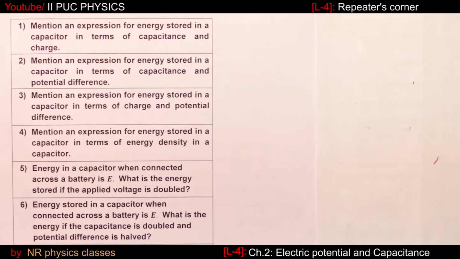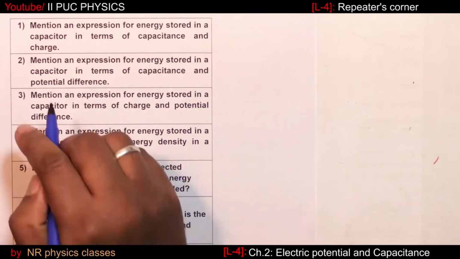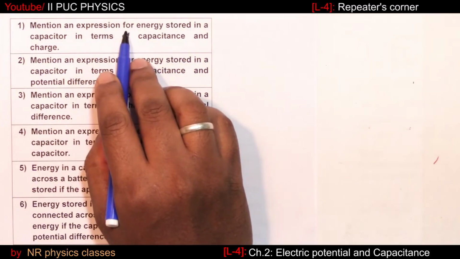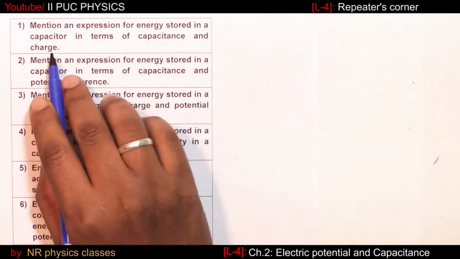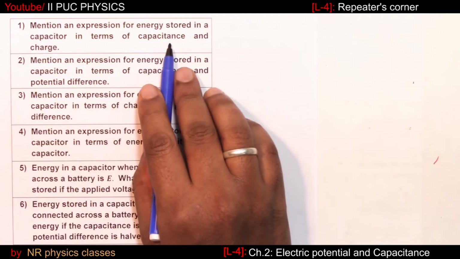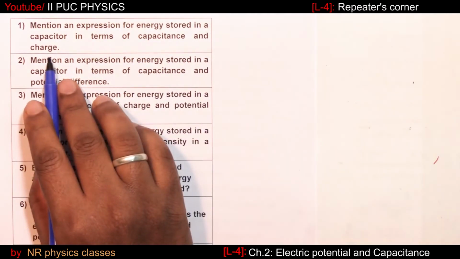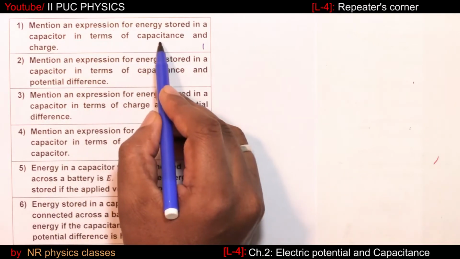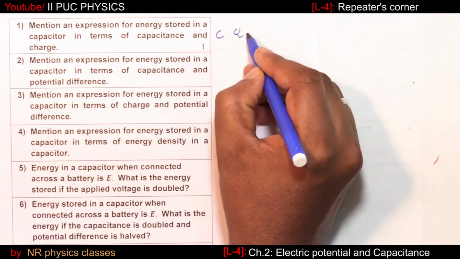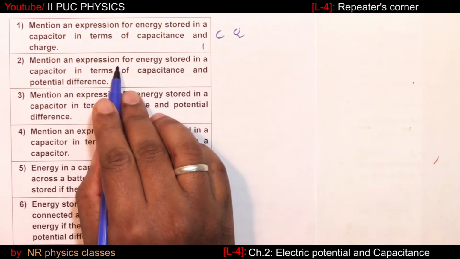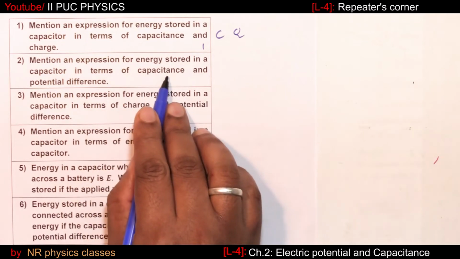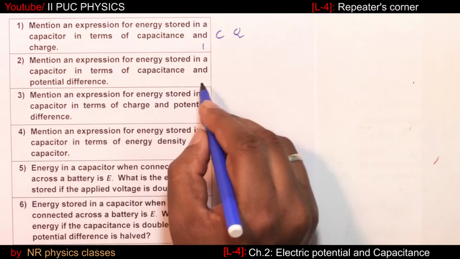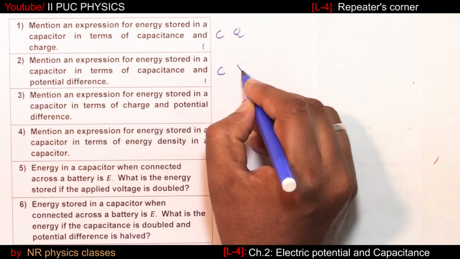Now, probable questions. Mention an expression for energy stored in a capacitor in terms of capacitance and charge. This is for 1 mark, just the expression in terms of capacitance and charge. Expression for energy in terms of capacitance and potential difference, 1 mark.